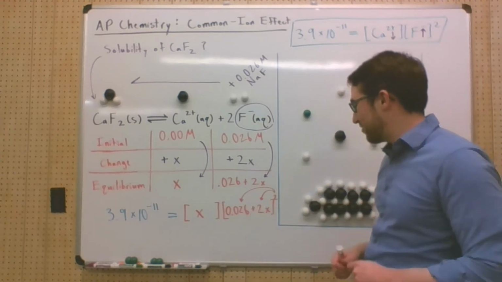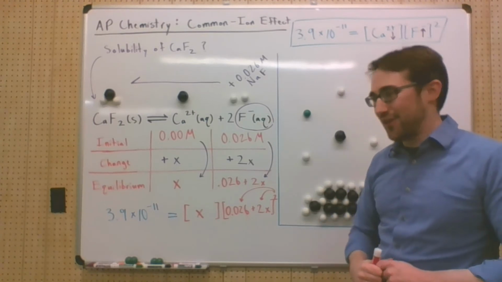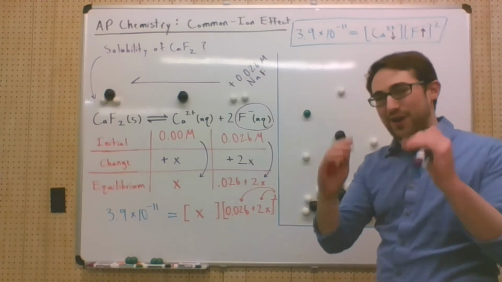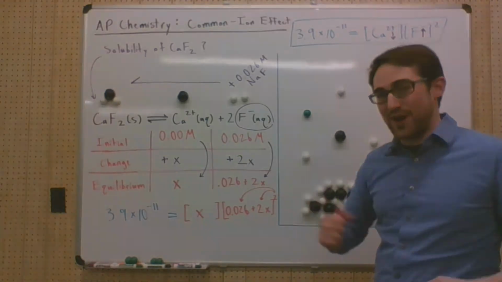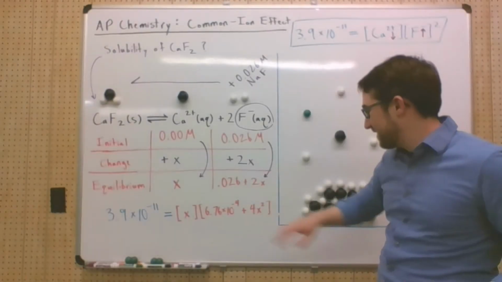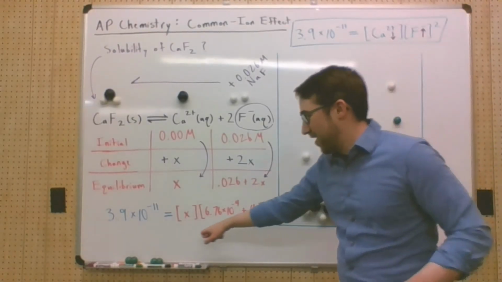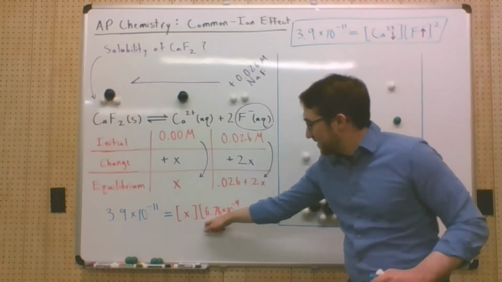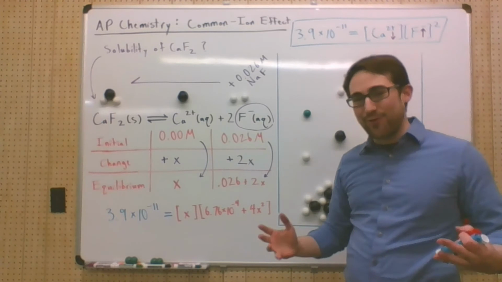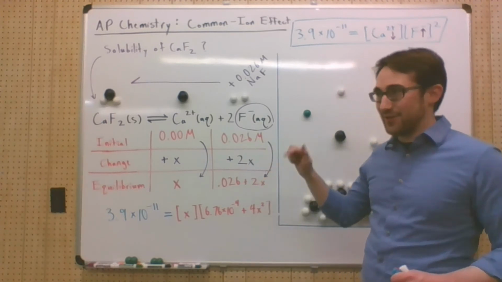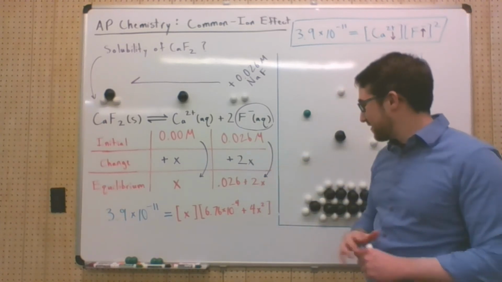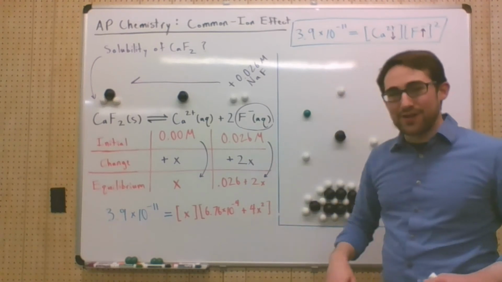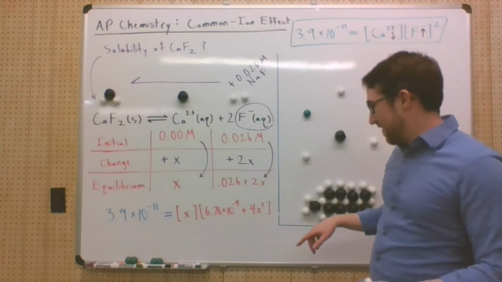I'm going to plug in 0.026 squared into my calculator. My 2x squared should just be 4x squared. Okay, so we've simplified this down a little bit. We now have our x times that 0.026 squared was 6.76 times 10 to the negative fourth, aka 0.000676, plus our 2x that was squared. That gave us 4x squared.